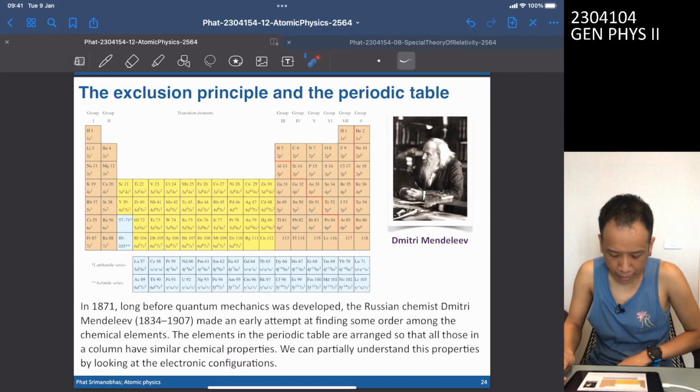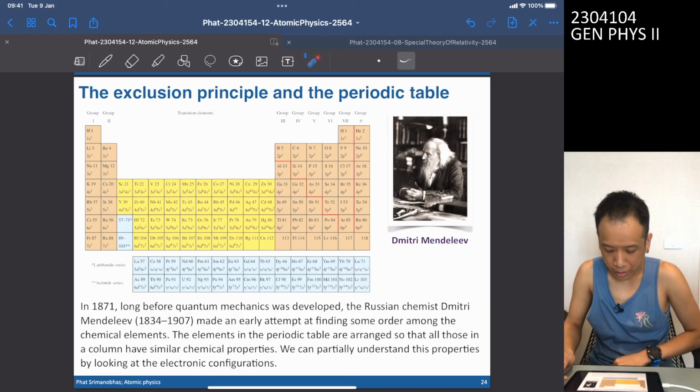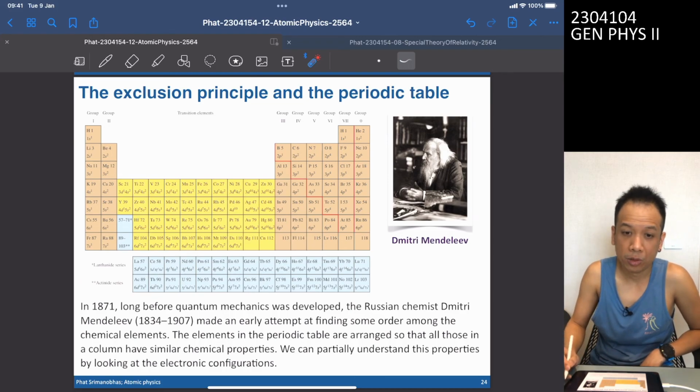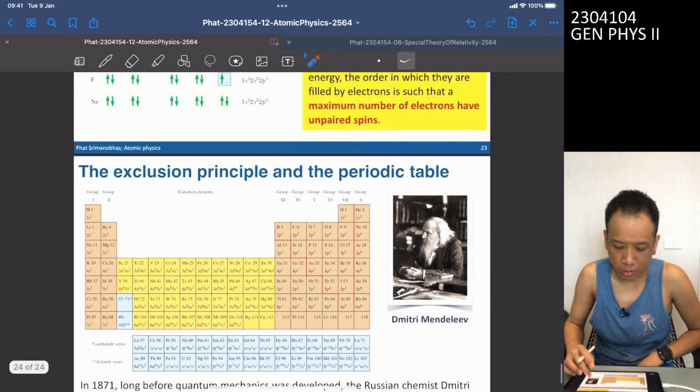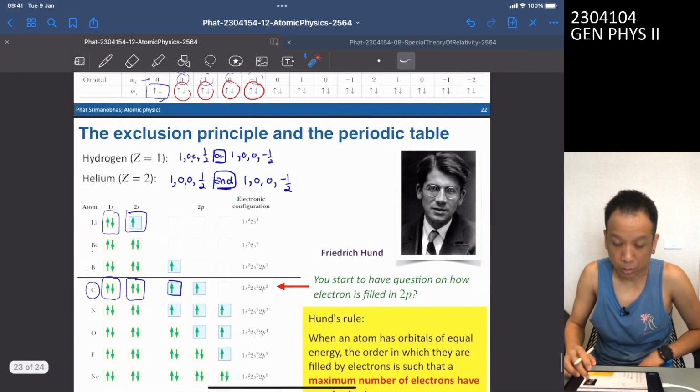When quantum mechanics arrived, the arrangement of electrons in orbitals gave us a clear picture of why the periodic table is like that. We can partially understand the properties of the elements by looking at the electron configurations coming from Pauli's and Hund's rules.